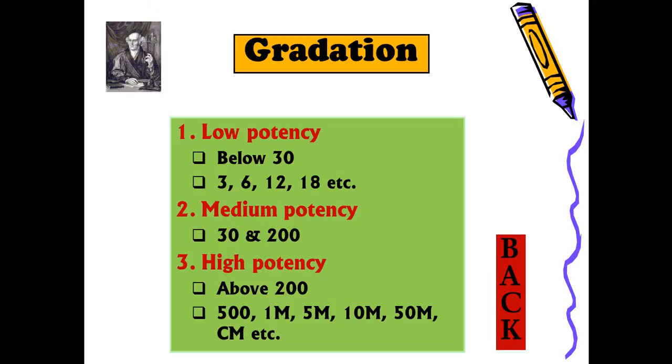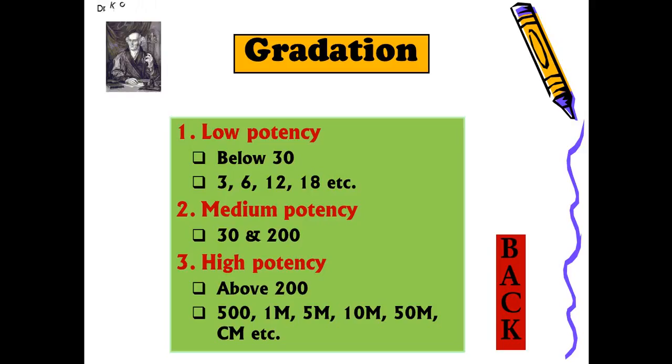There are 8 notes. Similarly, 8 potencies you can say: 1, 2, 3, 4, 5, 6, 7, and 8. Somebody may start from here and in between go to DM. So there is a range of potencies. That is the gradation, which is clear in our mind for our understanding.